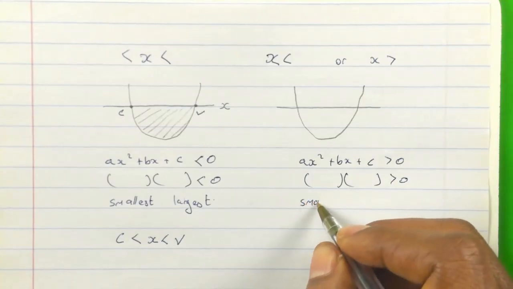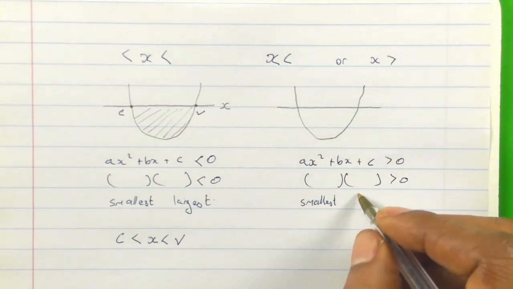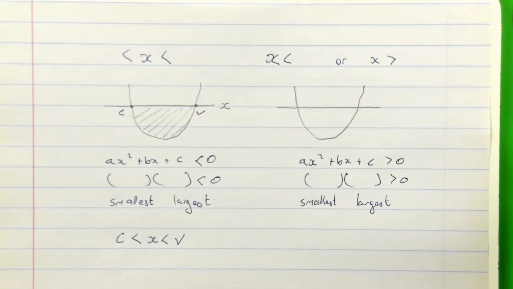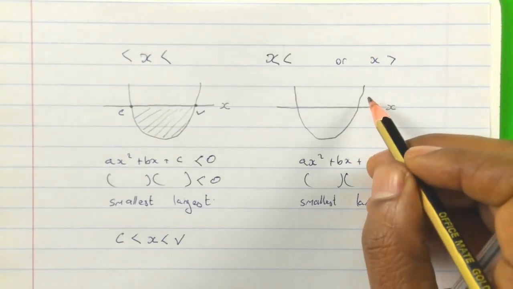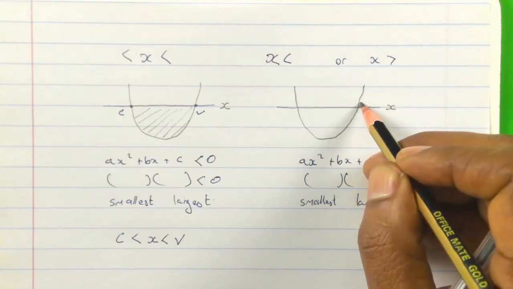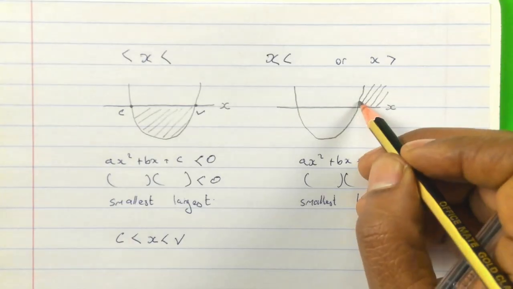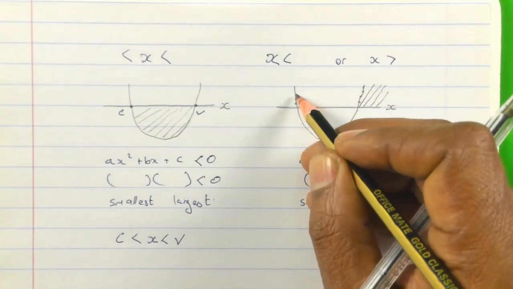You will have the smallest root this side, then you would have the largest that side. Where are my y values positive in this graph? They would be there, isn't it? So they are going this direction because all my positive values are there on that graph.